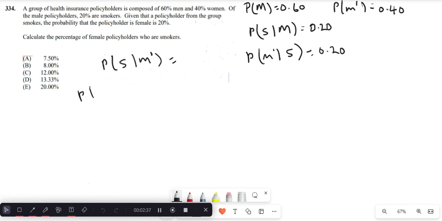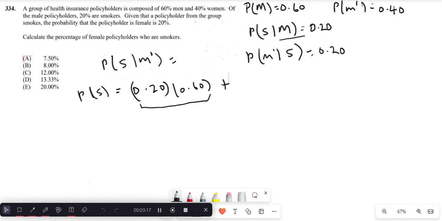The probability of S, using the information that I'm given, is equal to the probability that a person smokes given that they are male multiplied by the probability that they are male. So that is 0.20 multiplied by the probability that the person is a male, 0.60.